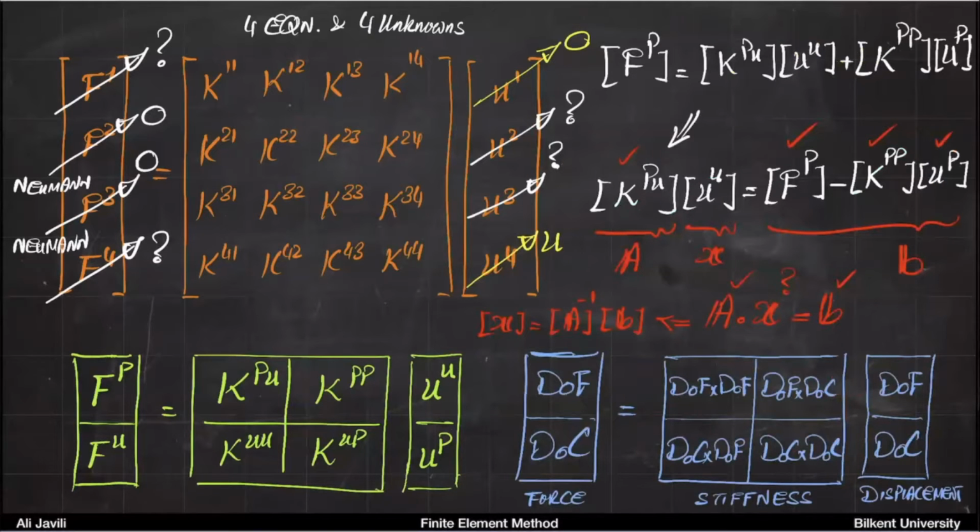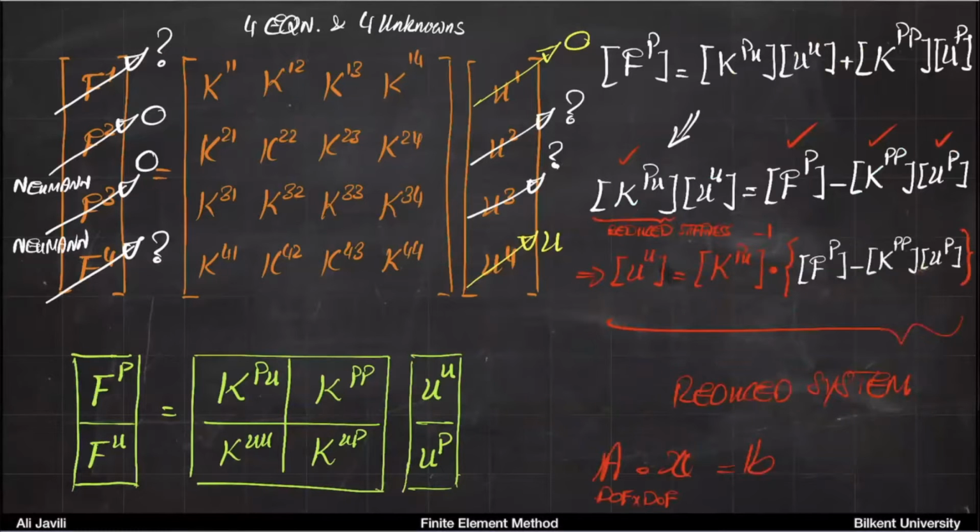And then if you have a system like that, we just discussed that you can basically do this little manipulation here, and you get a system which we call a reduced system. And that reduced system has the dimension of just KPU here.